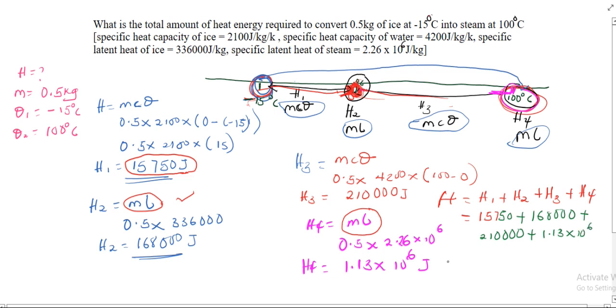So the total amount of energy required to convert 0.5 kilogram of ice into steam at 100 degrees Celsius will equal 1.52 times 10 to the power of 6 joules.